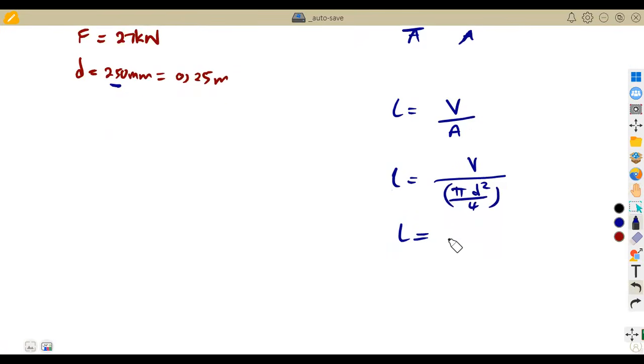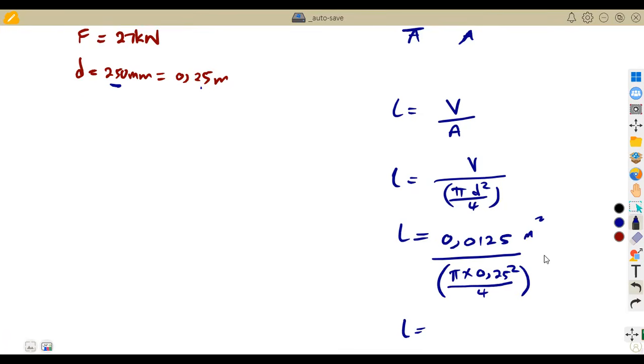0.0125 cubic meters, over the area, that is pi times d squared, our diameter in meters, 0.25 squared over 4. That is going to give us our stroke length in meters.